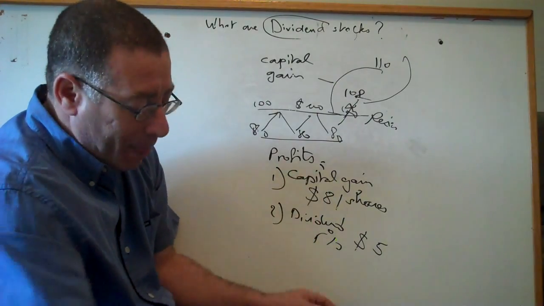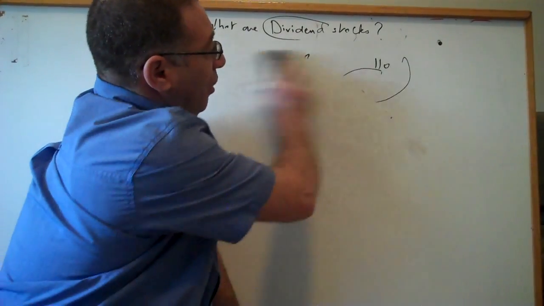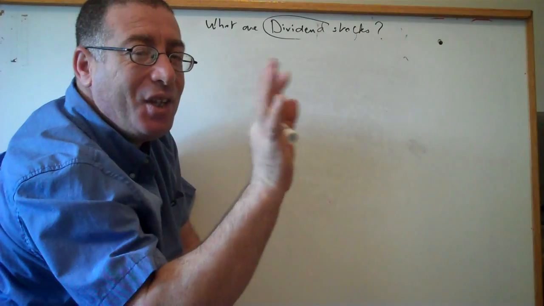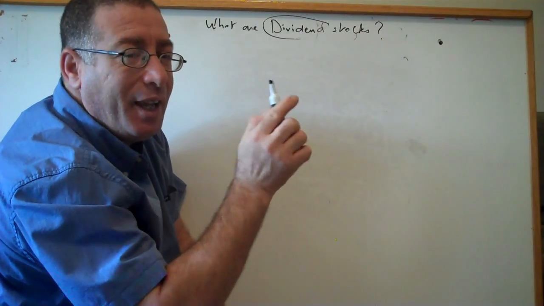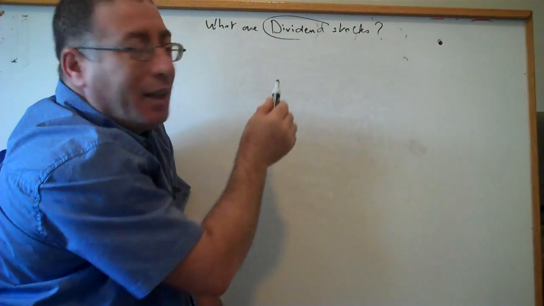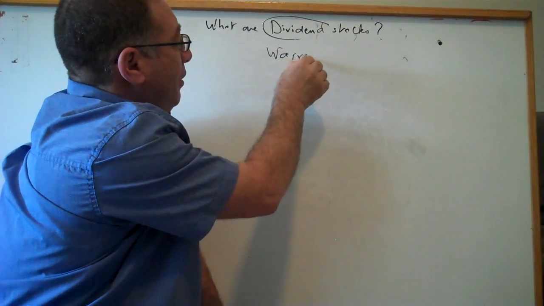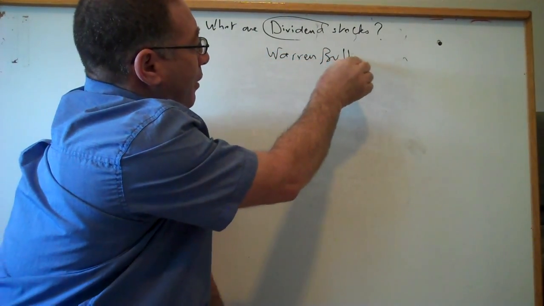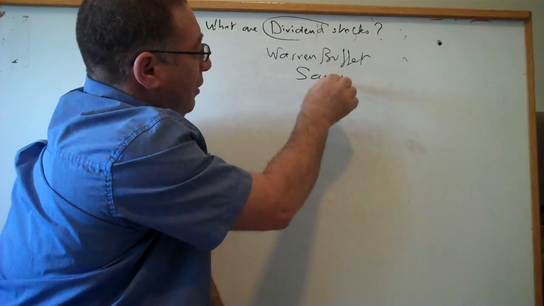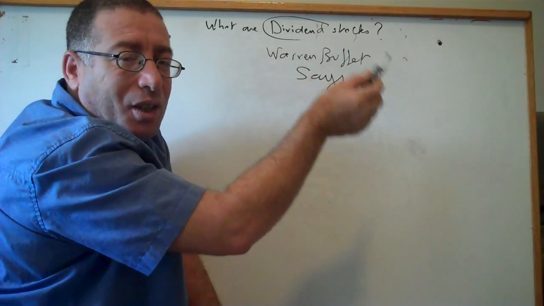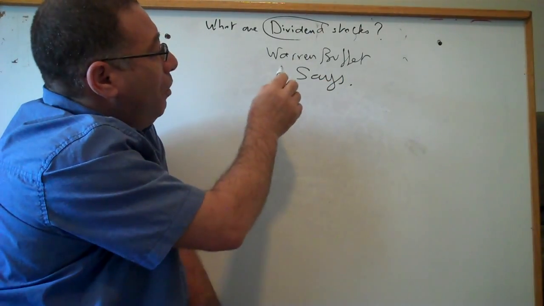Okay, so in trading in general, this is the basics of trading. It's like Warren Buffett says. See what Warren Buffett says. He is an investor, invested all his life. What did he say?